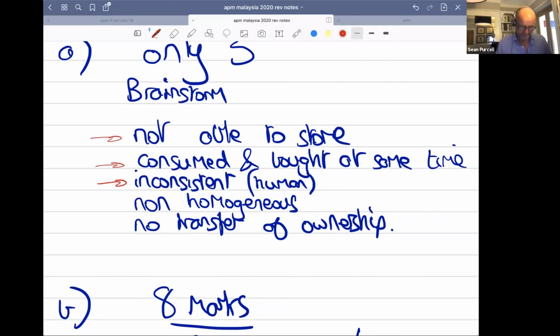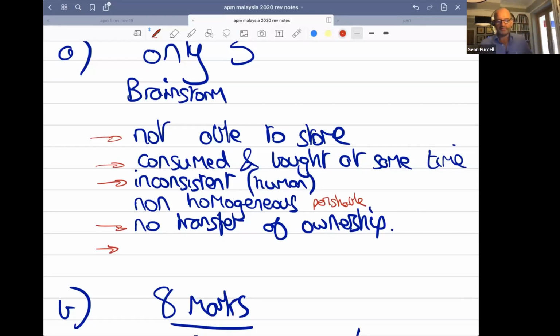It's not homogeneous, and we only temporarily own a service whilst we're enjoying it. We don't keep it permanently, but a packet of noodles we do keep longer. So we could also add that it's perishable. It can't be stored.